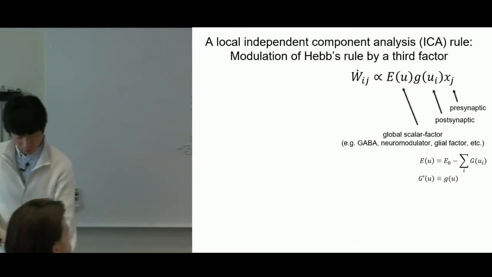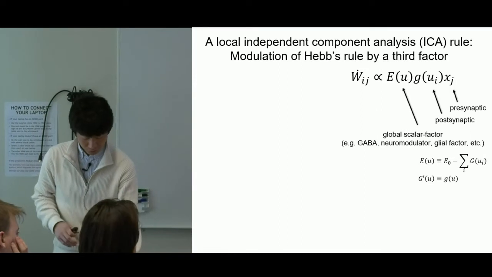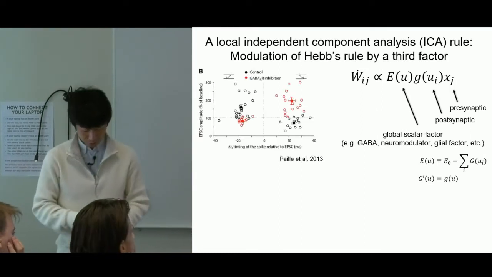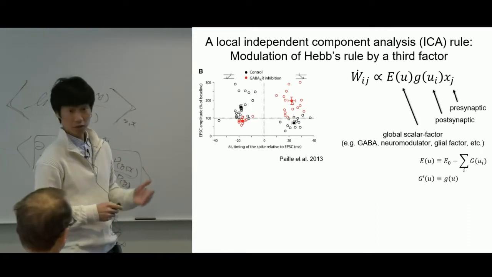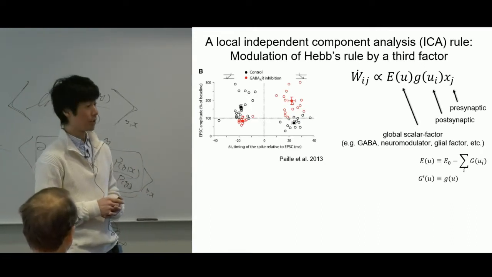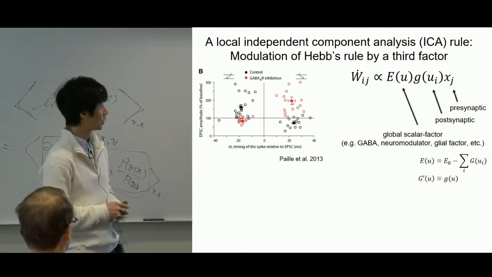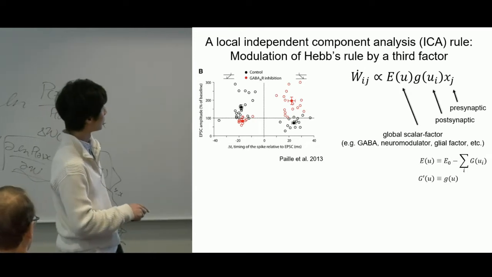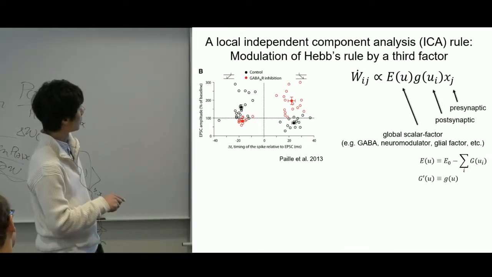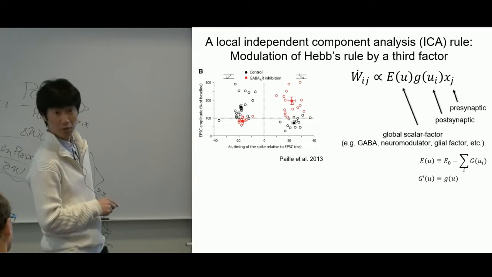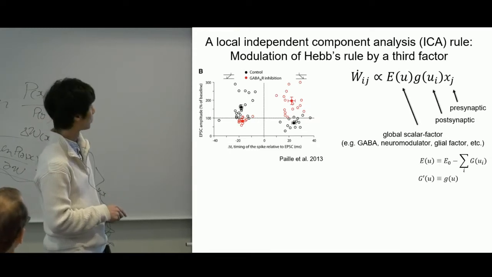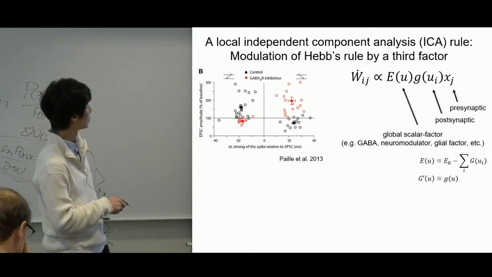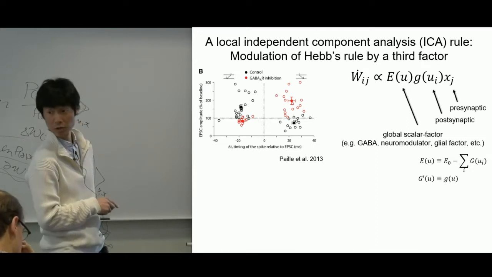There is no formal proof this is going on in the brain, but there is circumstantial evidence that the polarity of Hebbian plasticity could be flipped by some transmitters. In this case, the experimentalists blocked GABA-A receptors and found that the STDP outcome is flipped from depression to potentiation, and potentiation to depression.